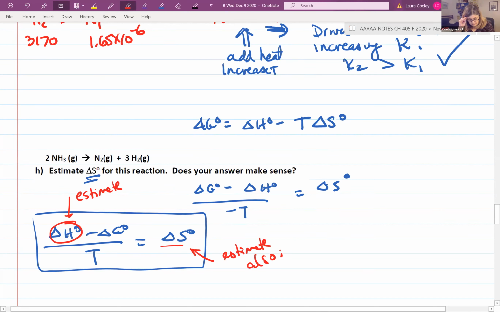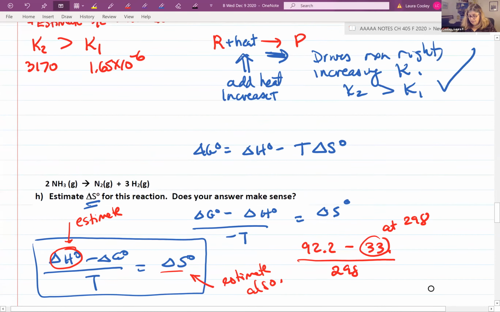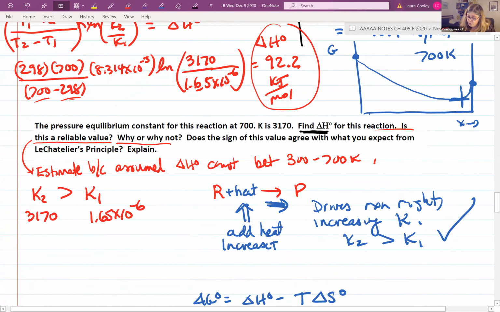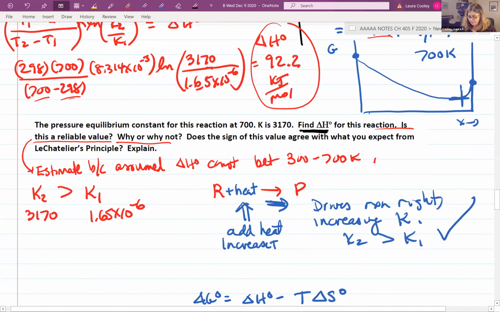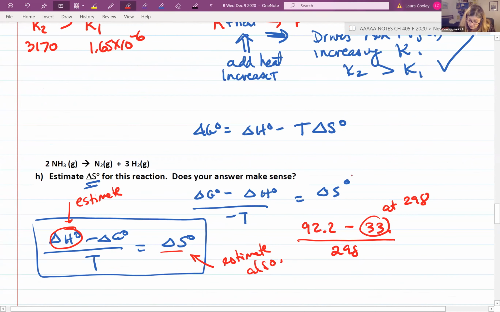All right. And in this case, we have 92.2 minus 33. That's your delta H minus your delta G over 298, because I used this at 298. I could get an estimate of delta S at the higher temperature by using the 46.9 here, but this is at 298.